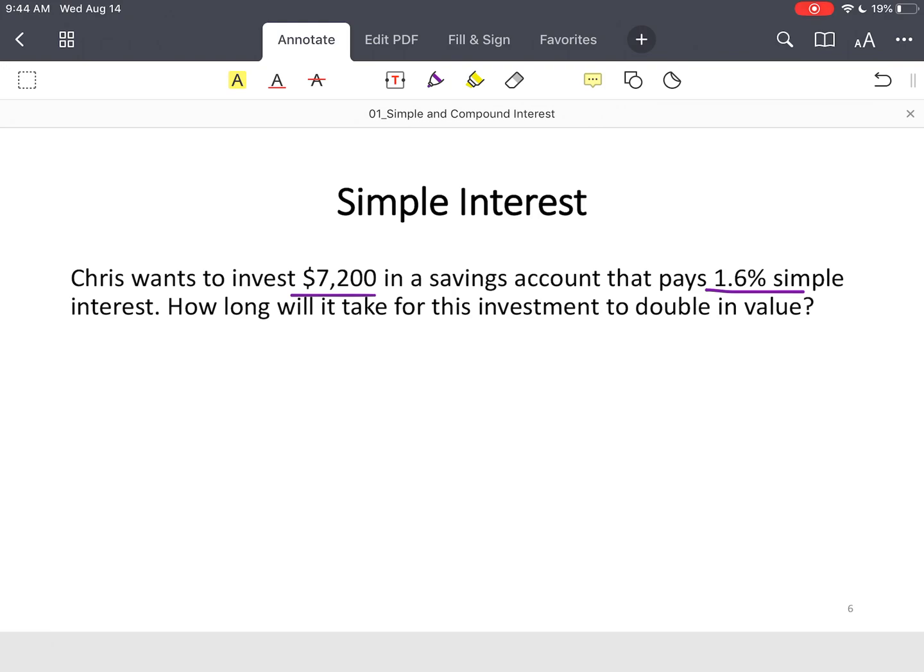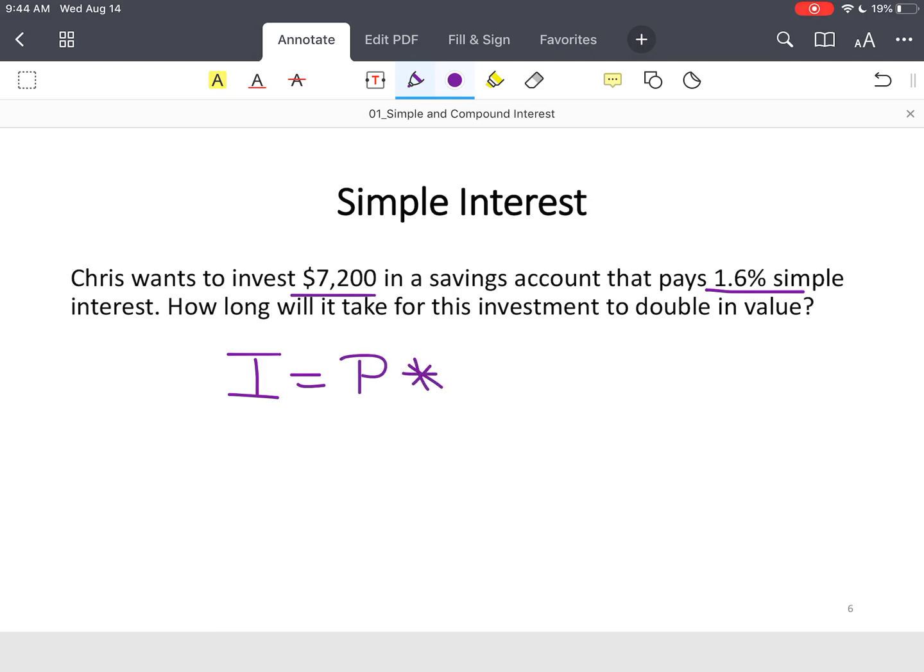So what you do is take your formula, I equals P times R times T. We want our investment to double in value, so we're just trying to get our original amount in interest.